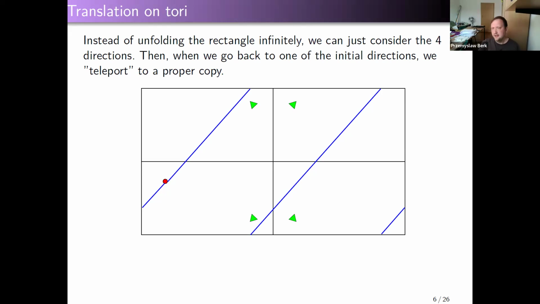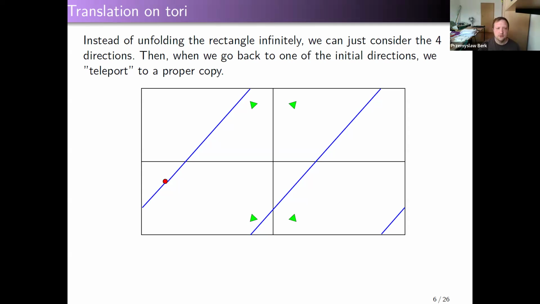So instead of unfolding further this picture, I can just teleport myself whenever I hit the wall of one of the copies to the copy that corresponds to the direction that I would obtain normally by reflecting.